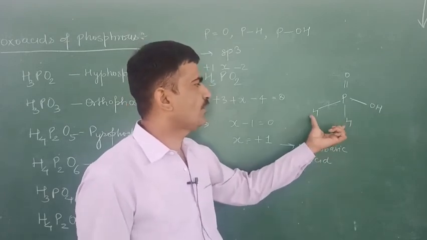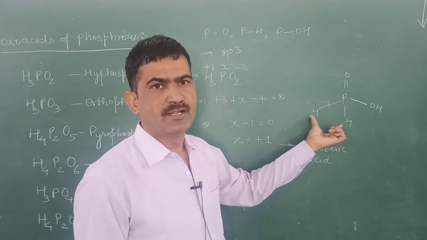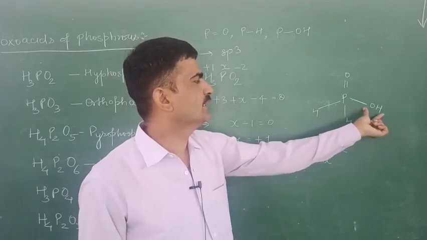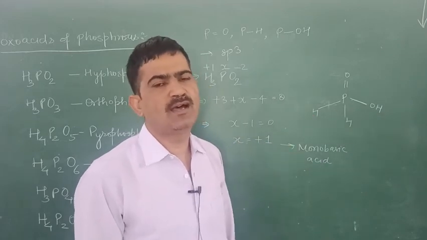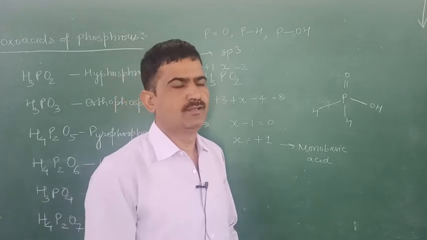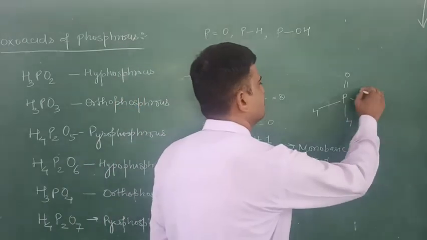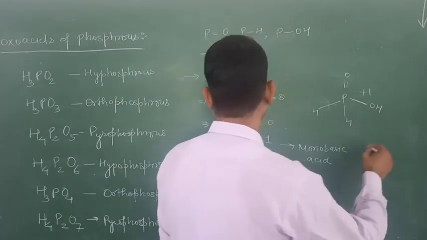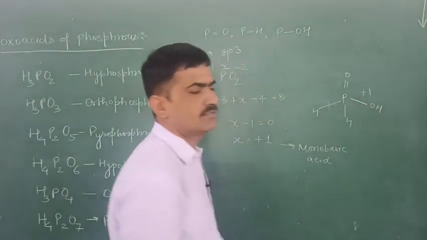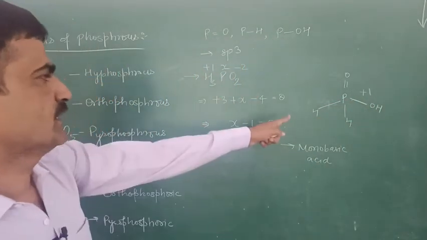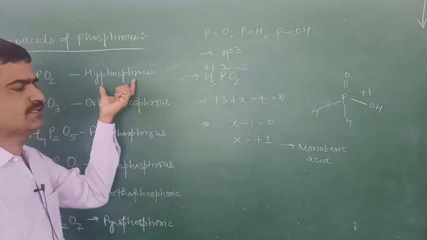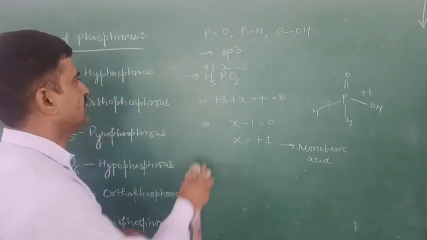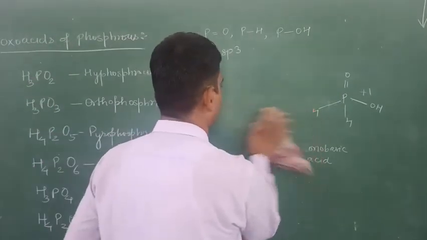So it is a strong reducing agent, and it is a weak acid because it has only one displaceable hydrogen. Its oxidation state is +1 and it is sp3 hybridized, and this is the structure of hypophosphorus acid.